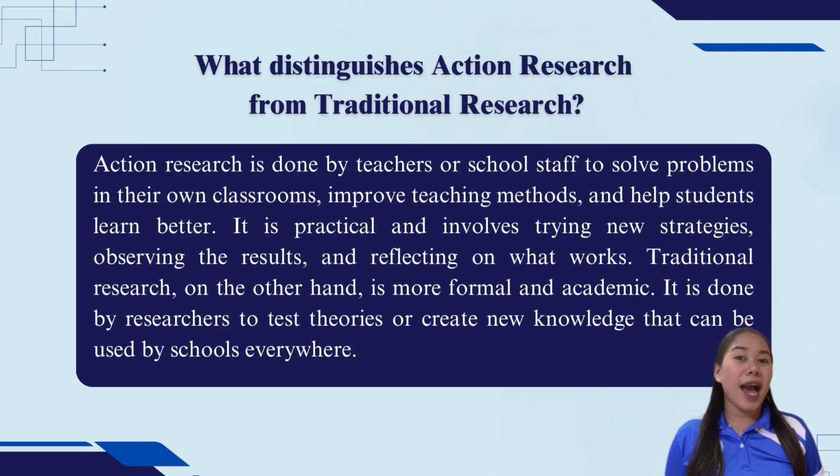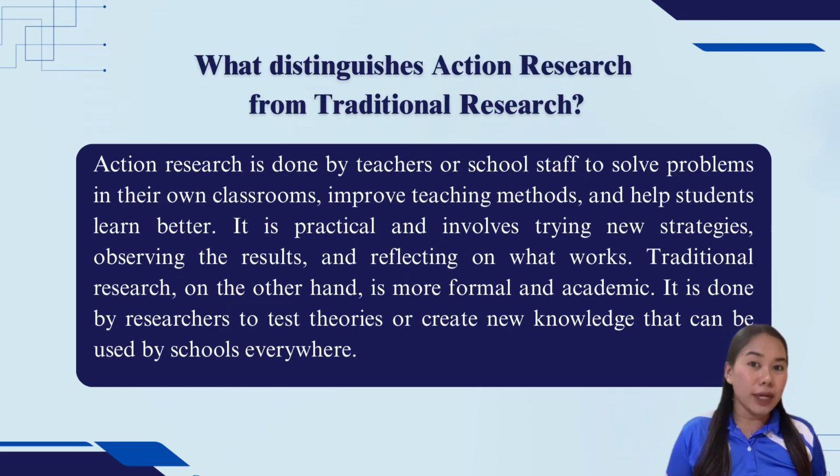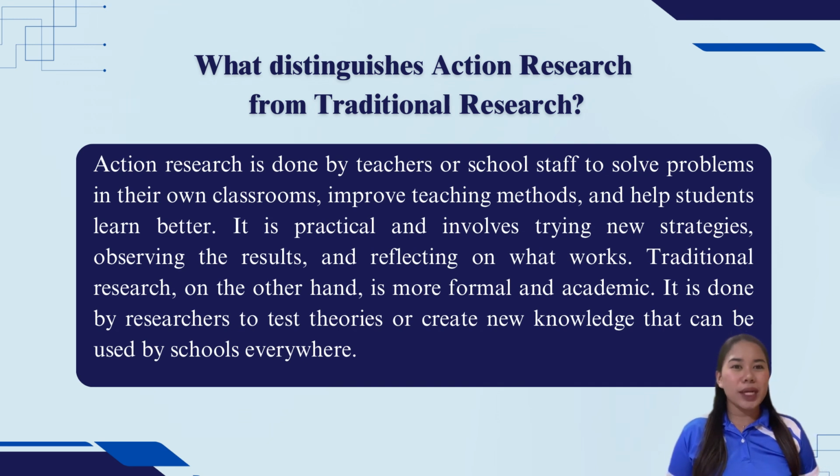What distinguishes action research from traditional research? So, action research is done by teachers or school staff to solve problems in their own classrooms, improve teaching methods, and help students learn better. It is practical and involves trying new strategies, observing the results, and reflecting on what works.